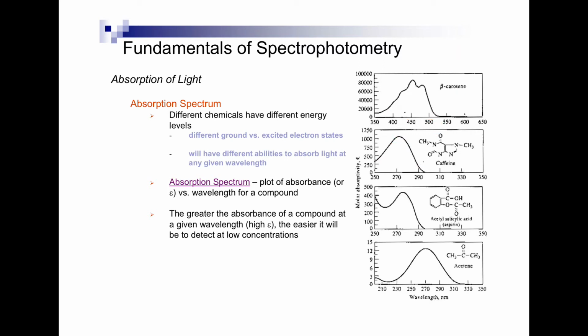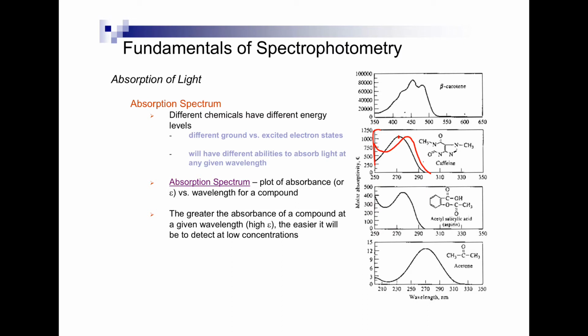But things can get a little complicated when you have a mixture of compounds, when you don't have things isolated. If you look at this spectrum here and this spectrum here, if you added them together, you notice that the peak here is maybe about 280 and the peak here is about 270. So I'm going to take this spectrum and kind of draw it in here. It would be something like that.